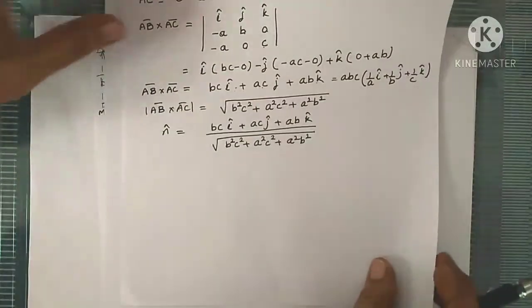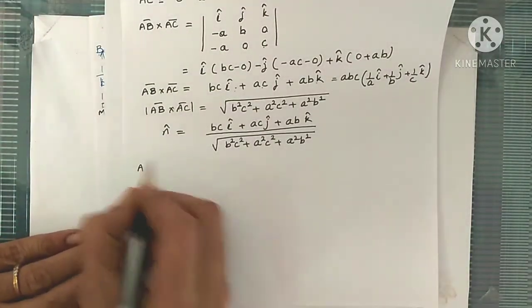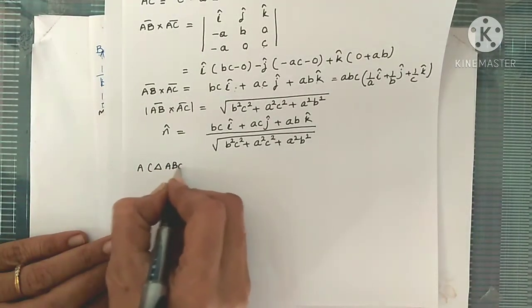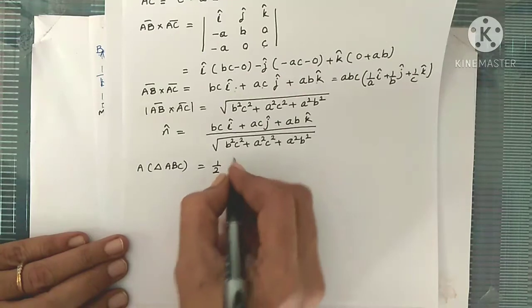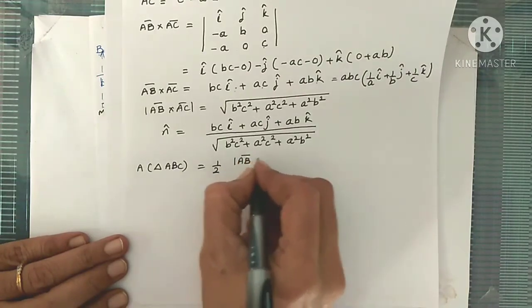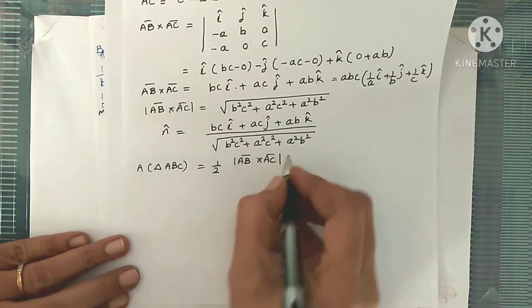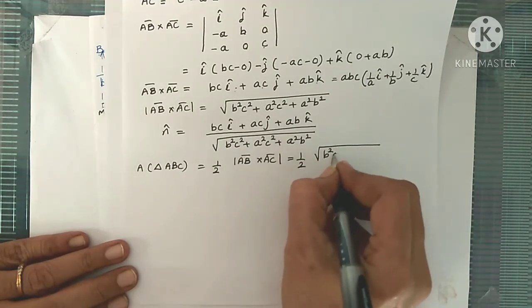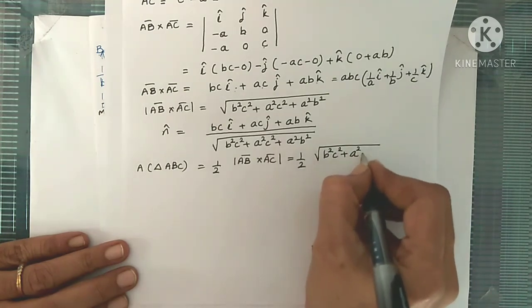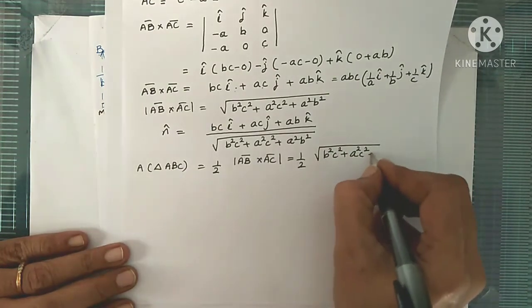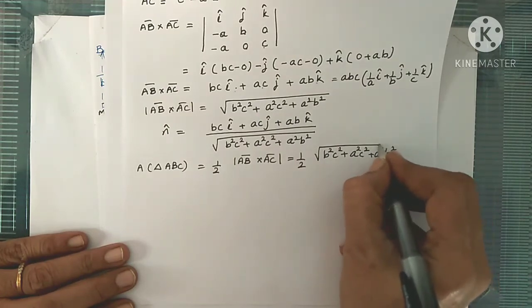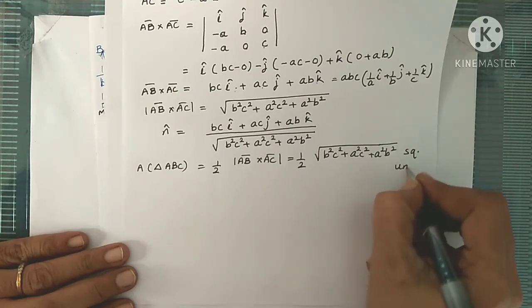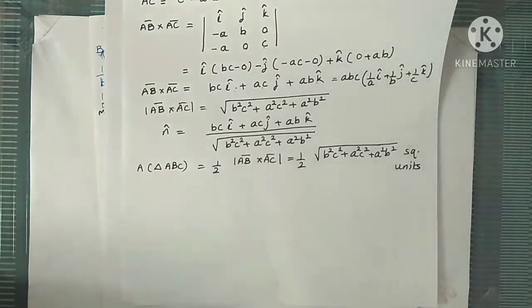So area of triangle ABC equal to half modulus of AB bar cross AC bar. So that is half magnitude, root of B square C square plus A square C square plus A square B square, and as it is area, write it as square units.